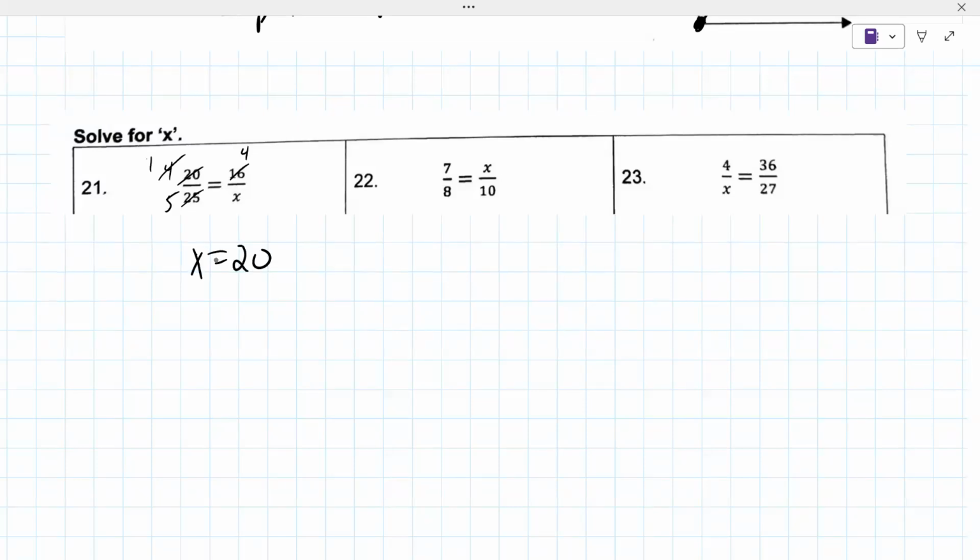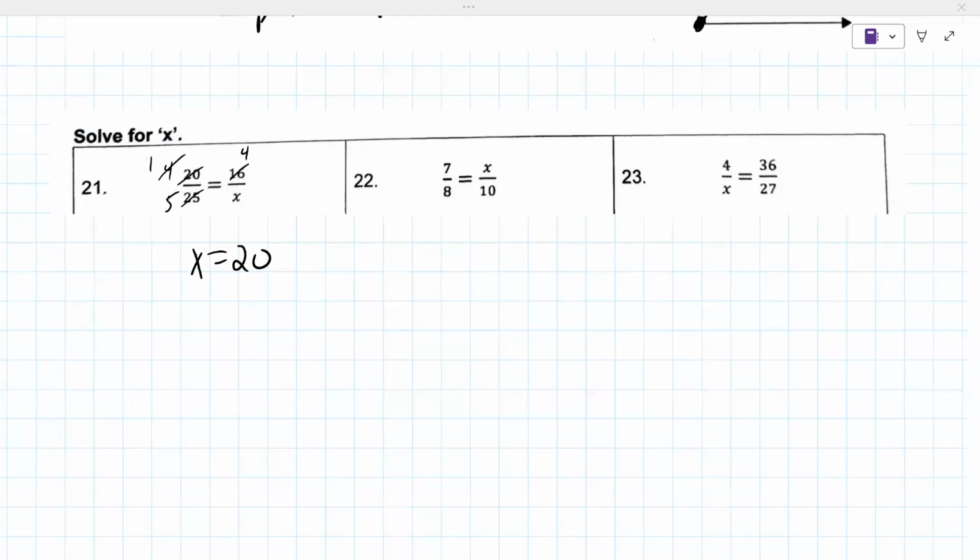All right, so do the same thing for the next one, please. 8 and 10, because 2 goes into both. So that was 4/5.